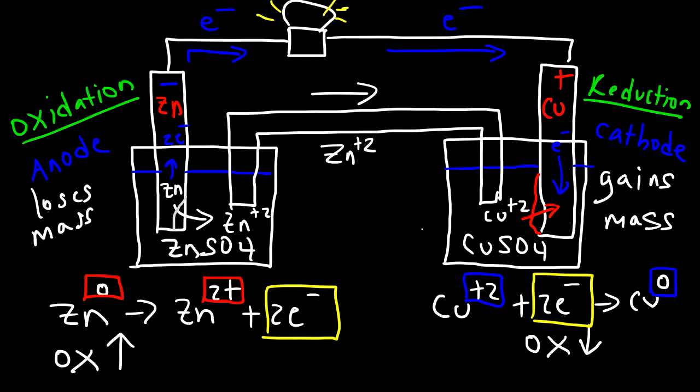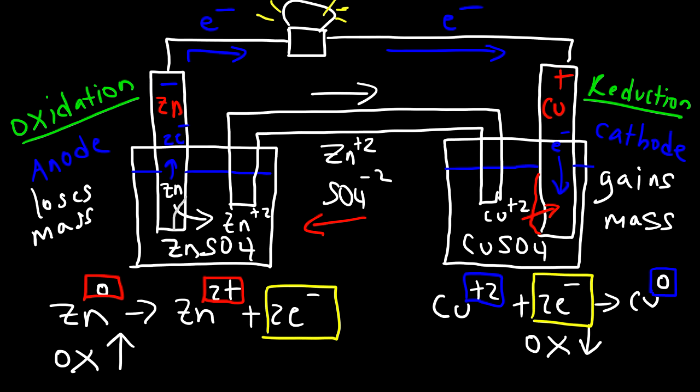The anions flow toward the anode. This works in such a way that the two solutions remain neutral. But keep that in mind: anions flow towards the anode. Anions are negatively charged particles, and cations flow towards the cathode. And so that's how the salt bridge will prevent a buildup of charge.